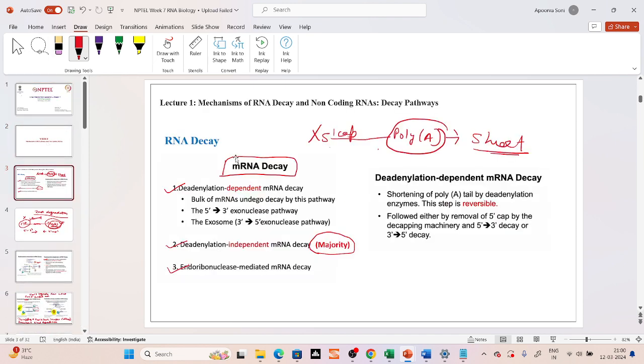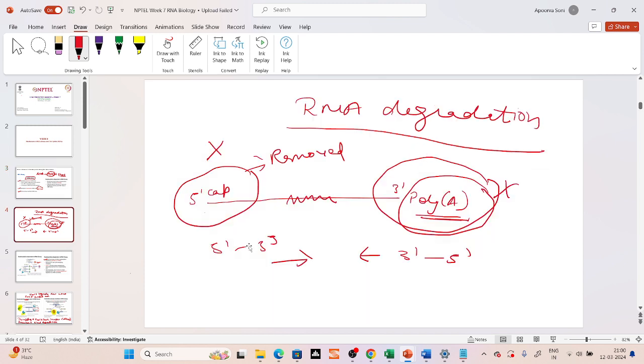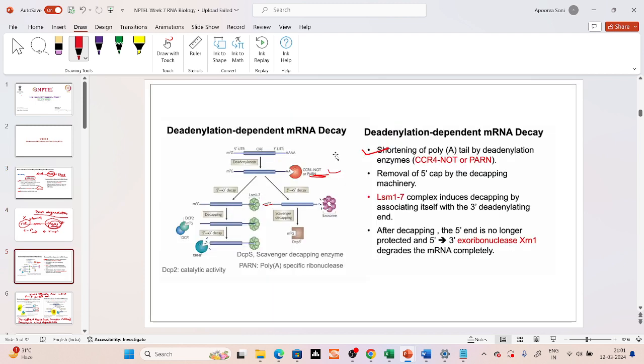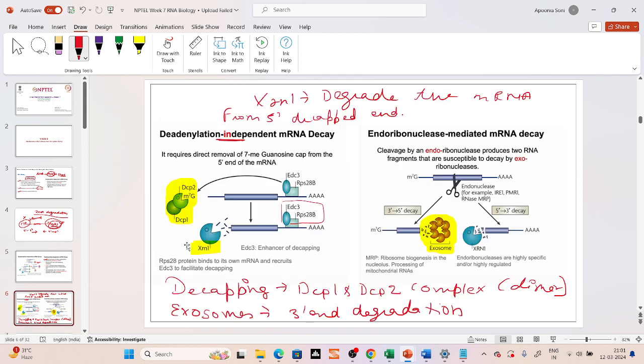So first, we have studied the different mechanisms of RNA decay. It can be deadenylation dependent, deadenylation independent, endonuclease mediated. It is important to notice that at the 3' end the exosome comes and degrades, at the 5' end XRN1 comes and degrades, and the decapping enzymes are DCP1 and DCP2.